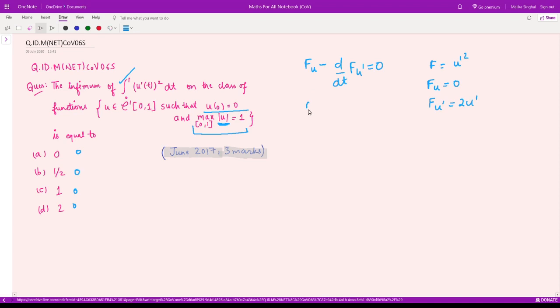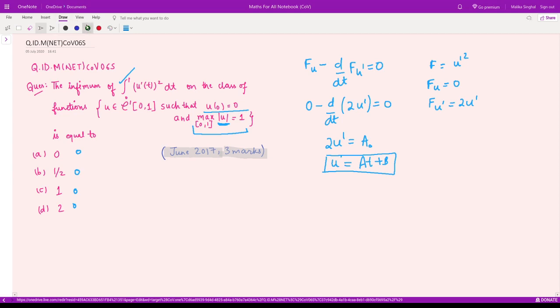So let's put these values over here. We have 0 minus d dt of 2u dash is equal to 0. So I can write this as 2u dash is equal to some constant a naught, or integrating both sides I'll get u is equal to at plus b. So this is our extremal.